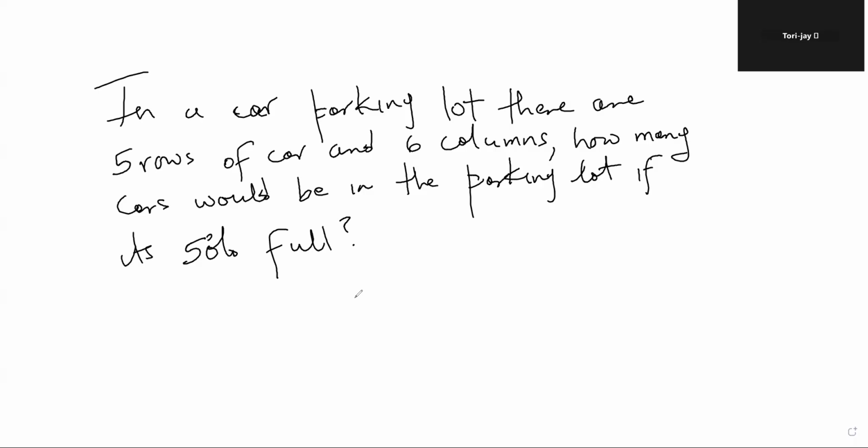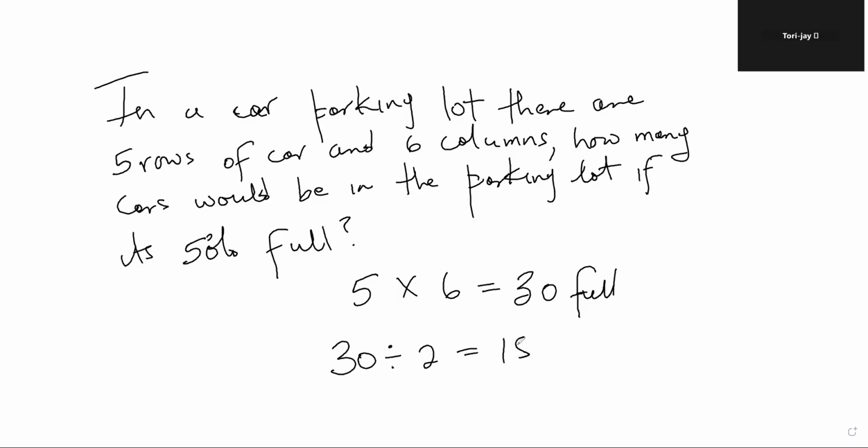An easier way to do that is to multiply 5 by 6, which equals 30. So in all, it would be 30 cars in the parking lot. You said 50% full, so I divided it by 2 and I got 15. So 50% would be 15 cars.